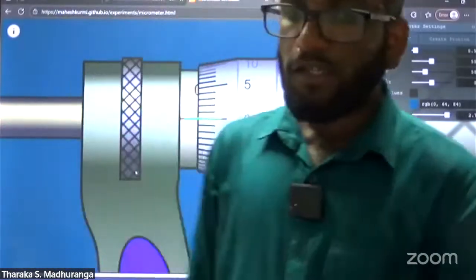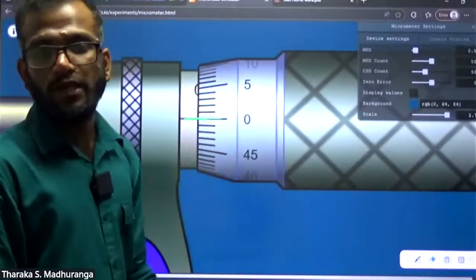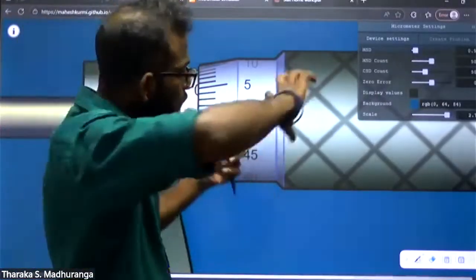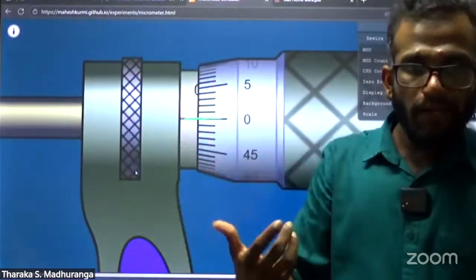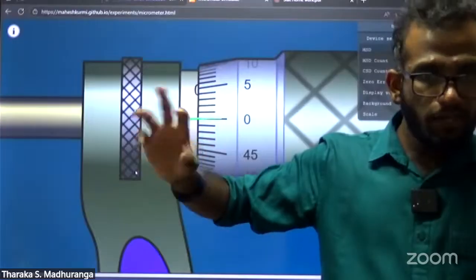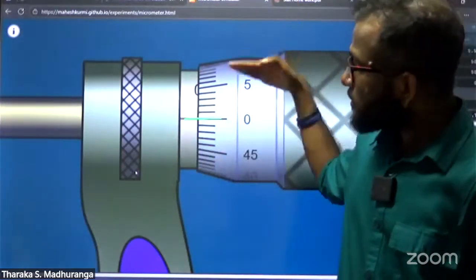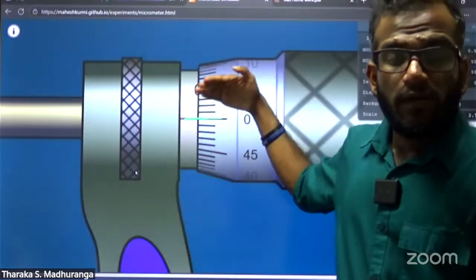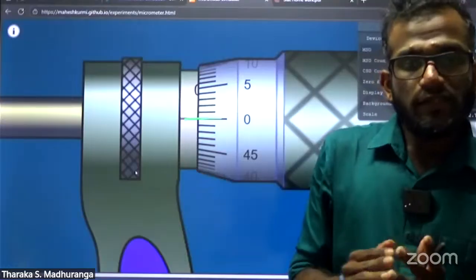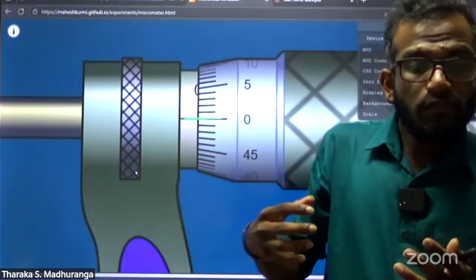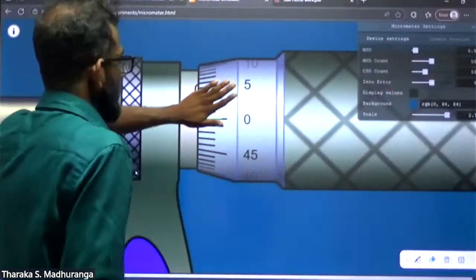Then what is the zero error? If it does not coincide when we tighten the anvil and spindle by the ratchet without any object, and the circular scale zero does not perfectly coincide with the linear scale zero, that we call the zero error of the micrometer screw gauge.